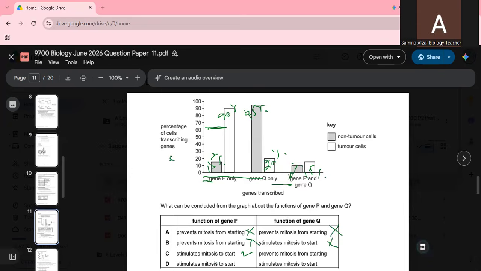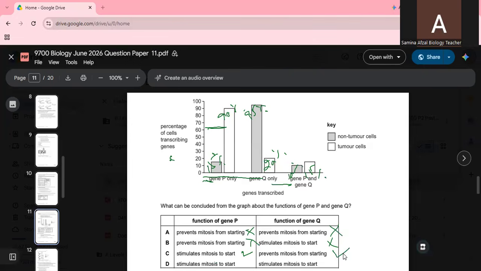High expression in normal cells and loss of expression in tumor cells indicates that it acts as a tumor suppressor gene preventing mitosis from starting. In P, the transcription is highest.